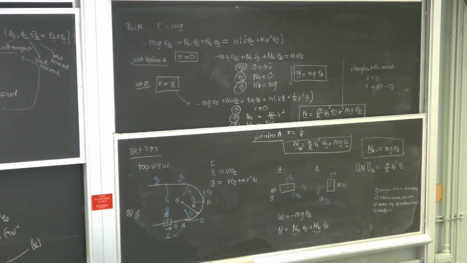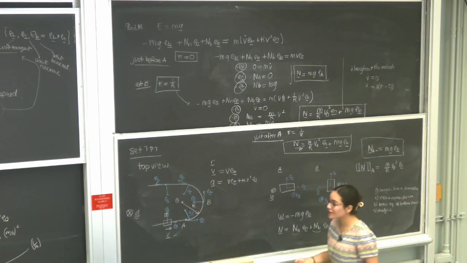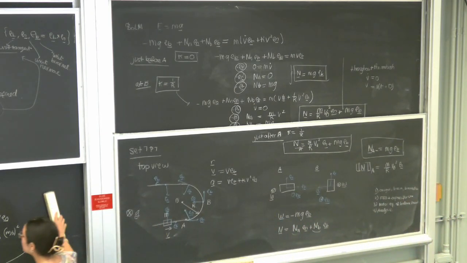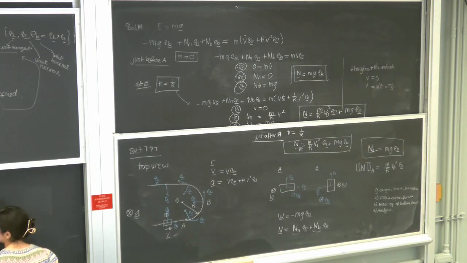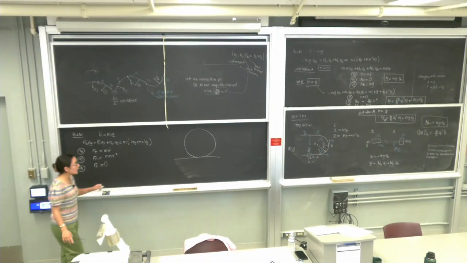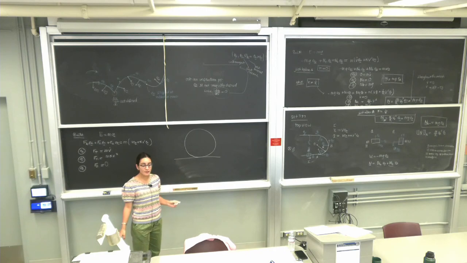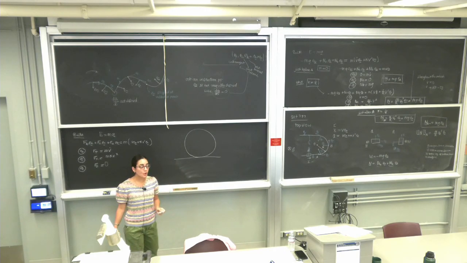So can you comment on the safety of a roller coaster that looks like that, which is basically a straight line connected to a circular loop? Do you think that a roller coaster like this is safe? No, why not?